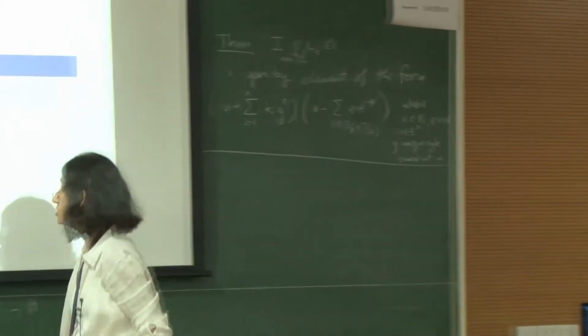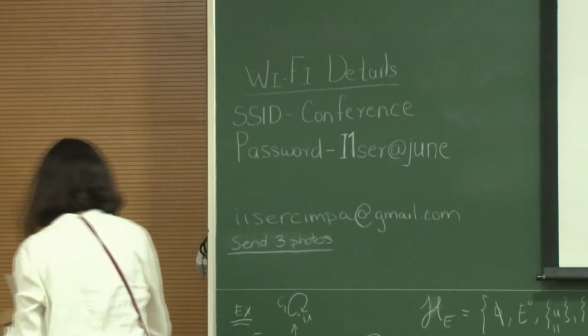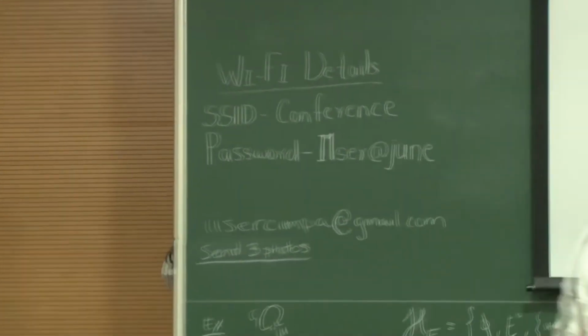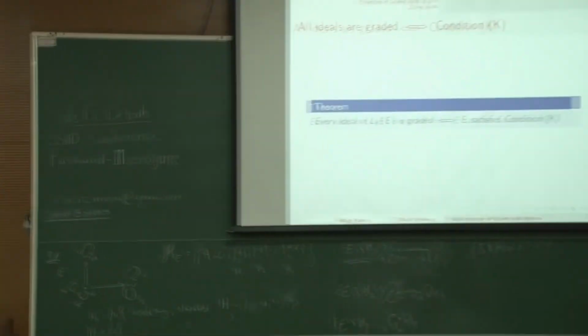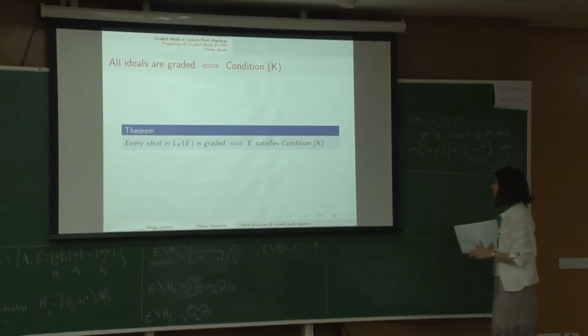Okay, I just want to sketch the proof of this. That's why I needed this theorem to mention. This is how any particular ideal is generated, right?